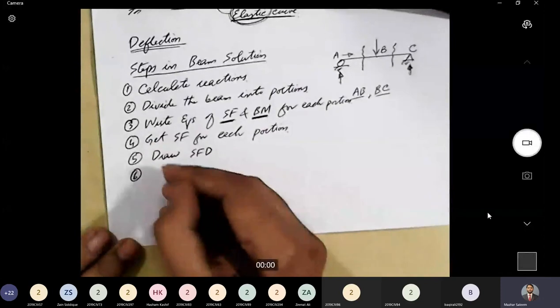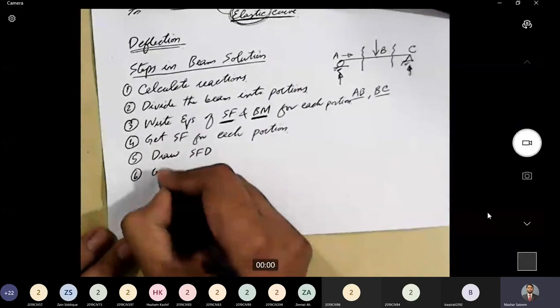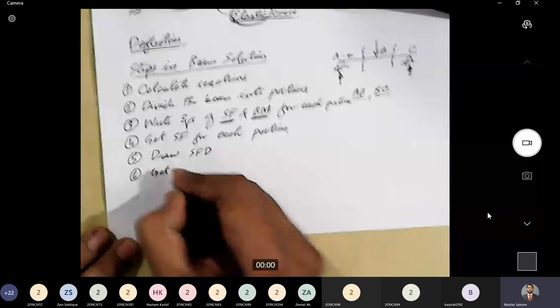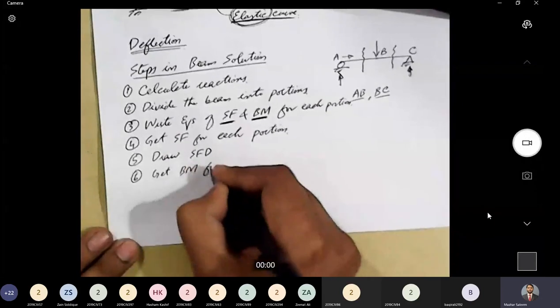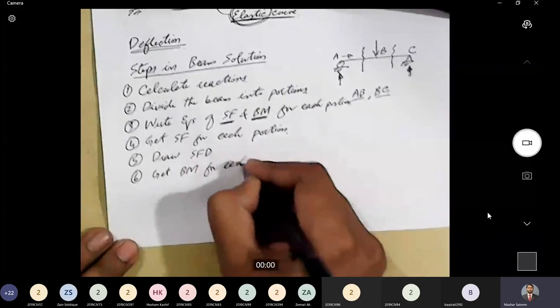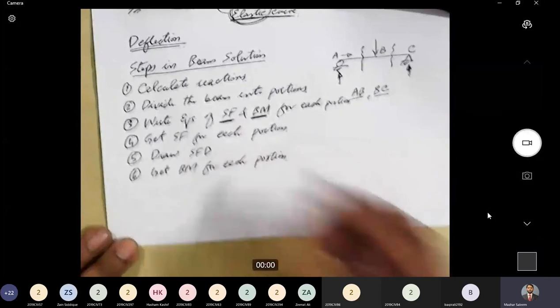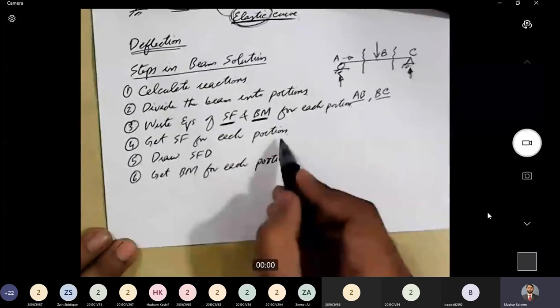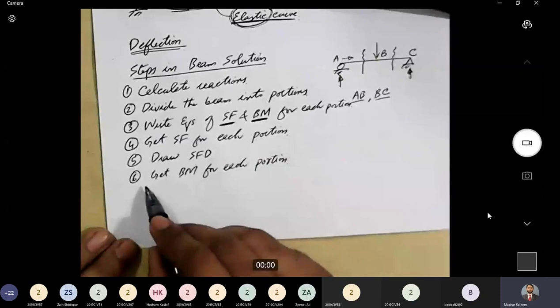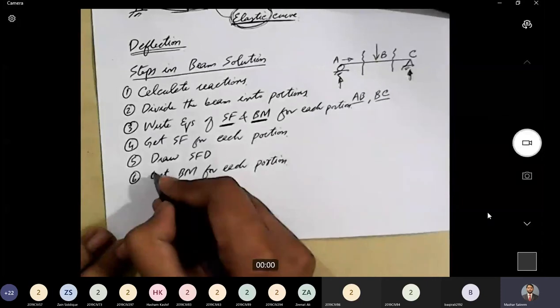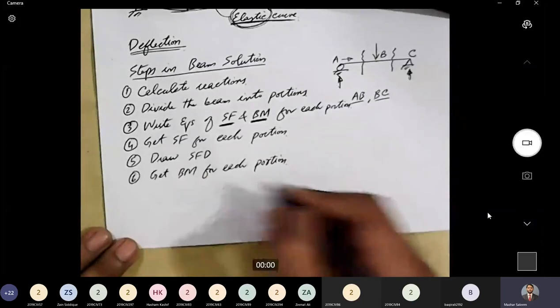After this, get bending moment for each portion. Once we have got the shear force and plotted the shear force diagram, the next thing is to get bending moment for each portion.